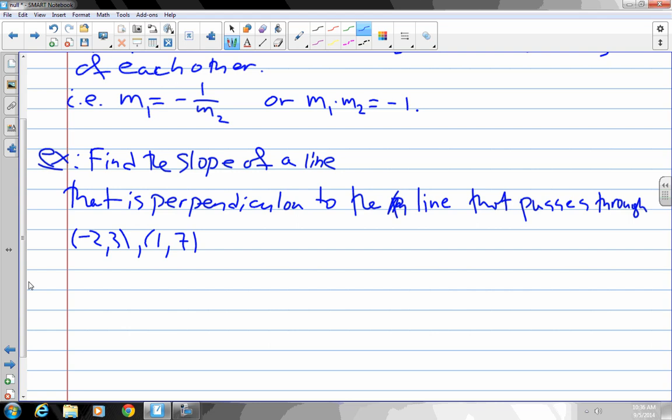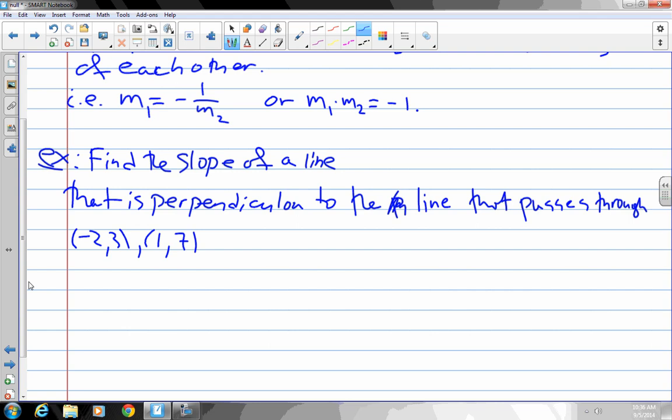Does the question make sense? I have a line, I'm going to call it the reference line, that passes through -2, 3, and 1, 7. And my line is perpendicular to that one. So I just want to find the slope of my line. So we'll call the other line a reference line.